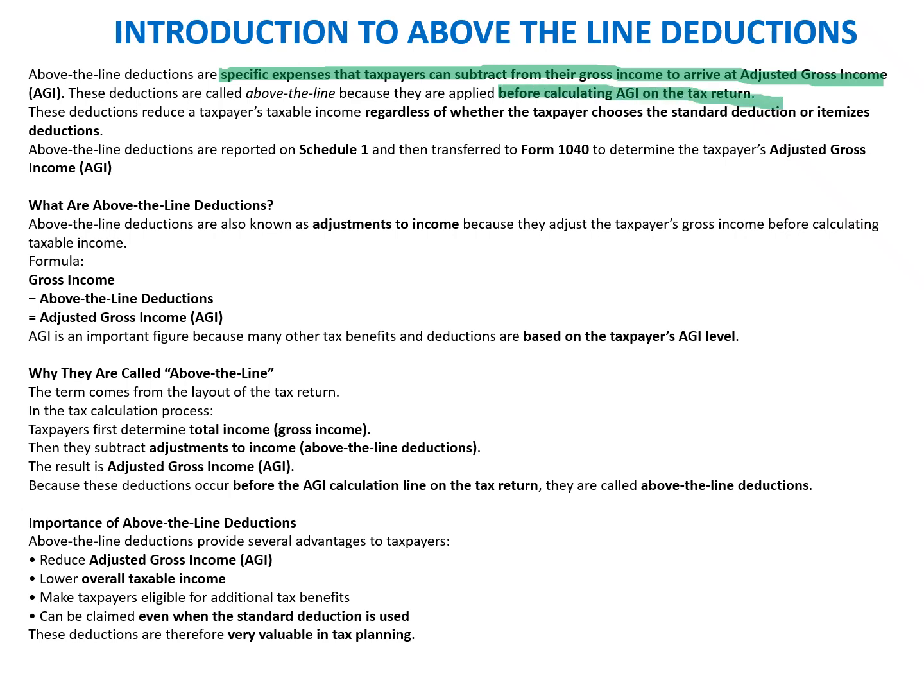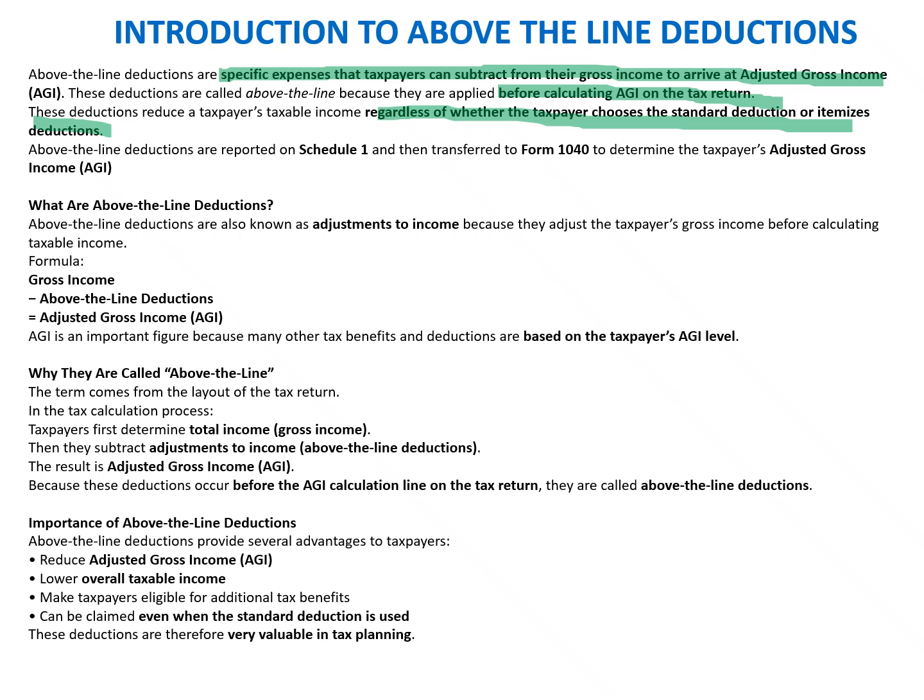These deductions reduce the taxpayer's taxable income regardless of whether the taxpayer chooses the standard deduction or itemized deduction. Which means that this is independent of the standard deduction or the itemized deduction. It is claimed before the standard deduction or the itemized deduction, and it is claimed even if somebody is opting for the standard deduction or the itemized deduction.